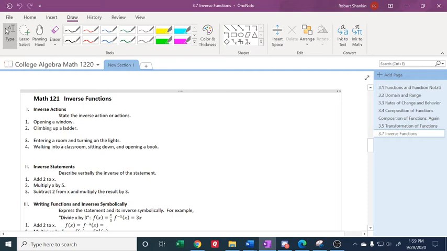State the inverse action or actions. What I'm going to have you do is type this into your group chat. Opening a window, state the inverse action or actions. Climbing a ladder, state the inverse action or actions. Just numbers 1 and 2. Type that into your group chat.